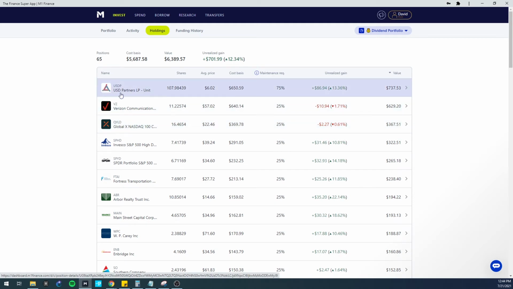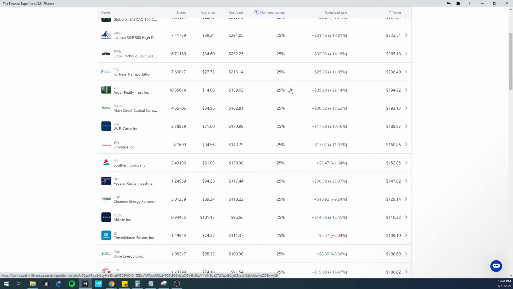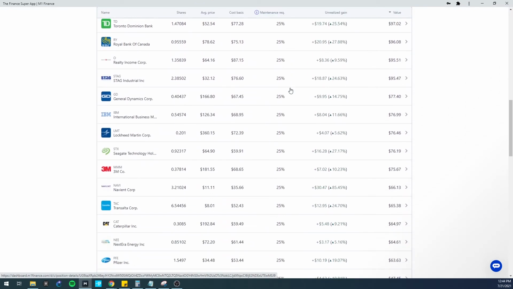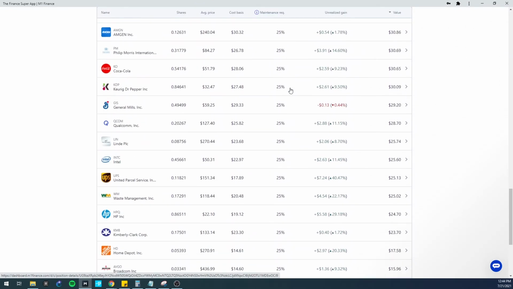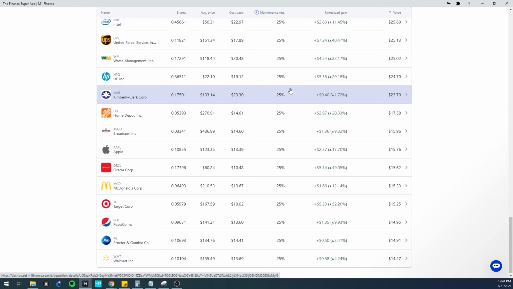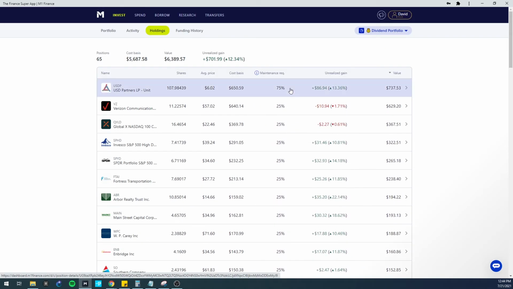So USDP, if I'm not mistaken, is the largest maintenance requirement that I have, because it's a small cap stock that pays a really good dividend, because it's a partnership between various companies. You could say it's a conglomerate without the big money.